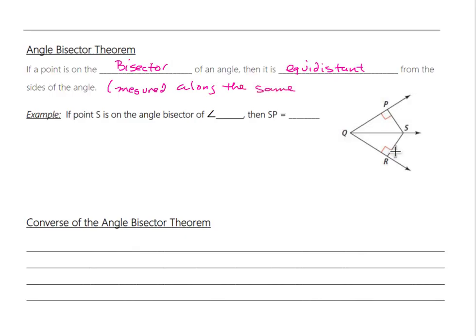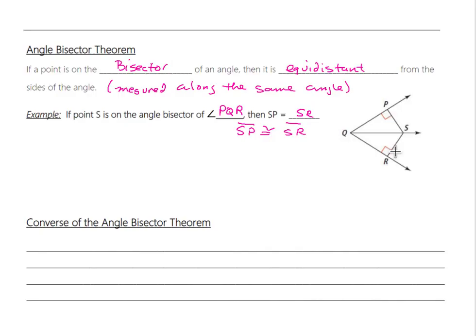We'll see how that matters. The shortest distance is usually along the perpendicular. For example, if point S is on the angle bisector of angle PQR, then the distance from S to P is equal to the distance from S to R, and we can say that segment SP is congruent to segment SR.